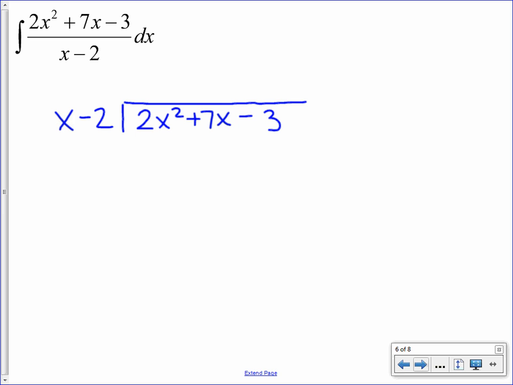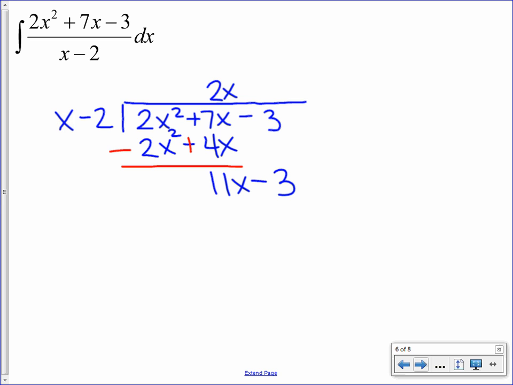Okay, so here we go. x goes into 2x squared how many times? So then x minus 2 times 2x gives us 2x squared minus 4x. And what do we do with those? We subtract them. x goes into 11x how many times? And then x minus 2 times 11.